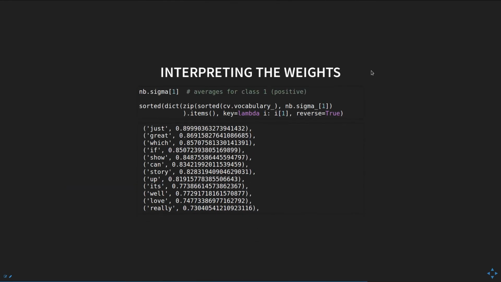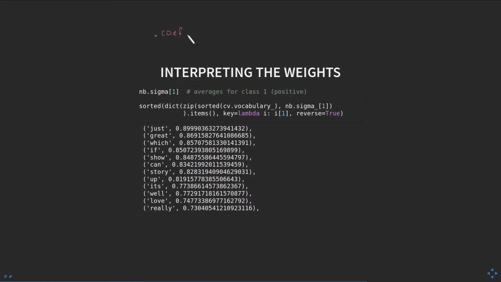Okay, so before we fitted this naive Bayes classifier, now note that this is actually not the syntax for this multinomial naive Bayes that I used in the previous slides. This is actually for the Gaussian one. So the multinomial one has the coefficients that you can access. The Gaussian one has sigma, and you have access to sigma for each of the classes.